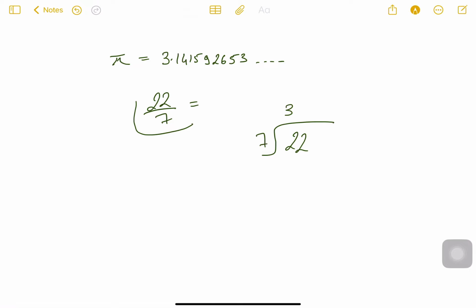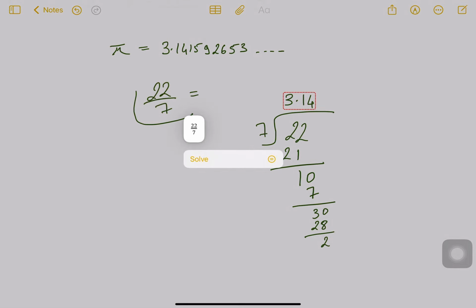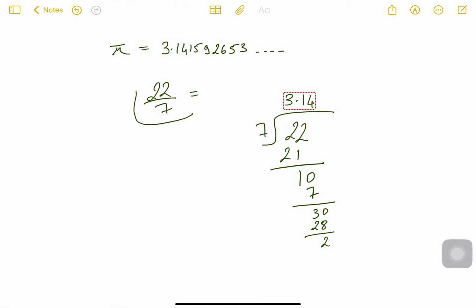7 threes are 21. 1 here, decimal, 0. 7 ones are 7. What do we get? 3. Then this becomes 30. 7 into 4, 28. What do I get? 2 as remainder. Then what do I have? 3.